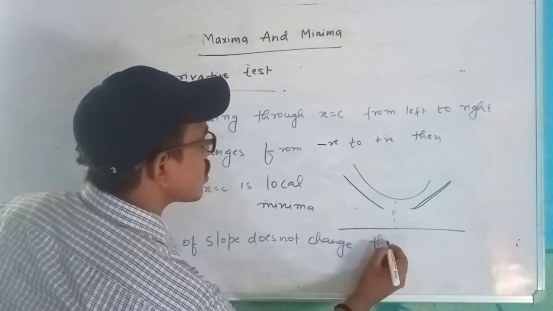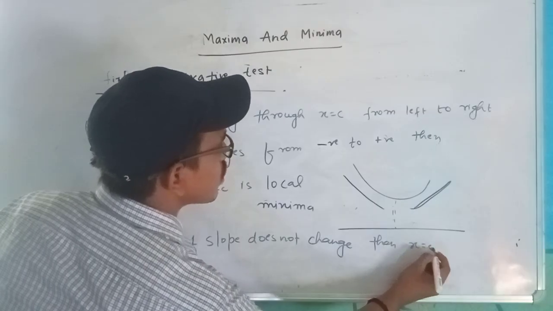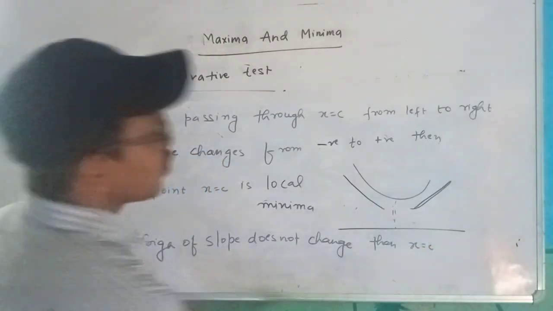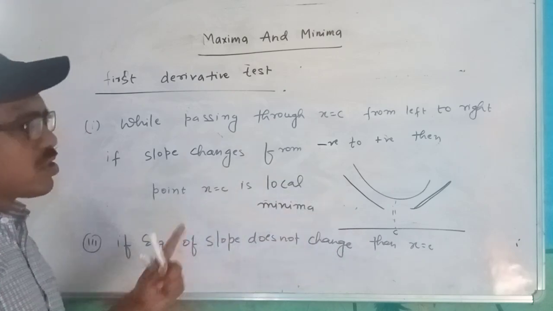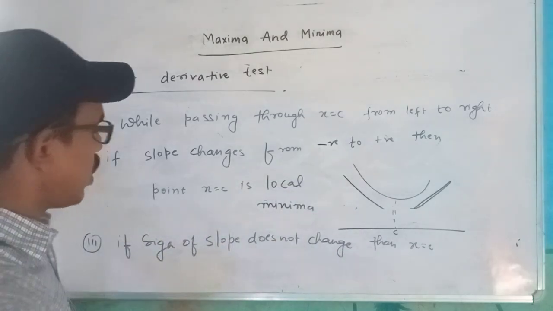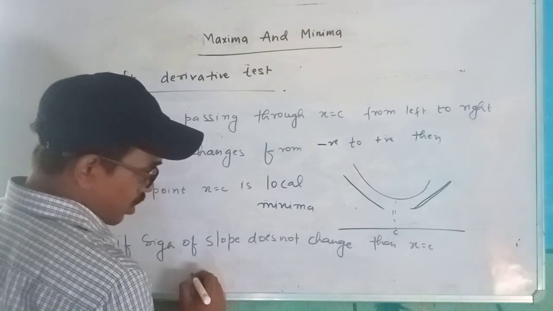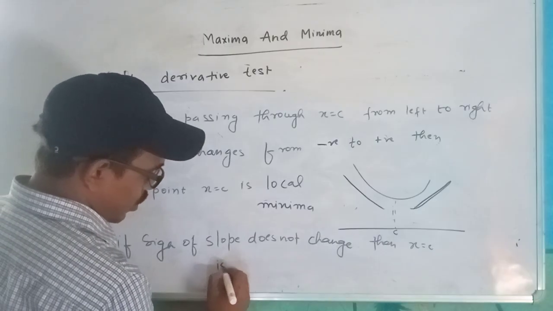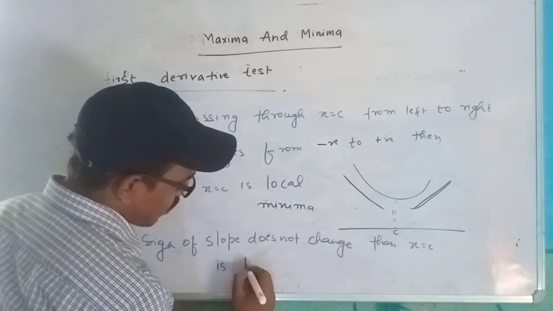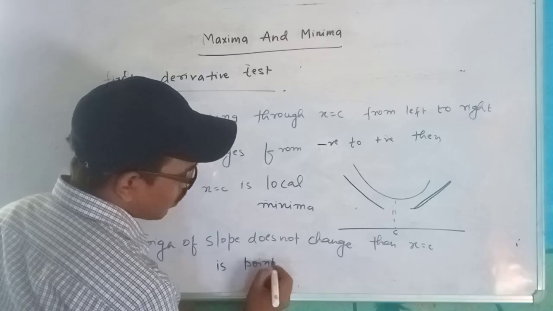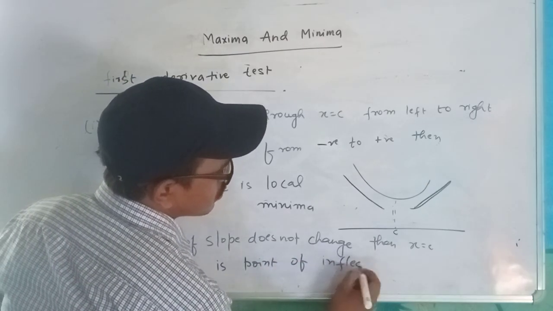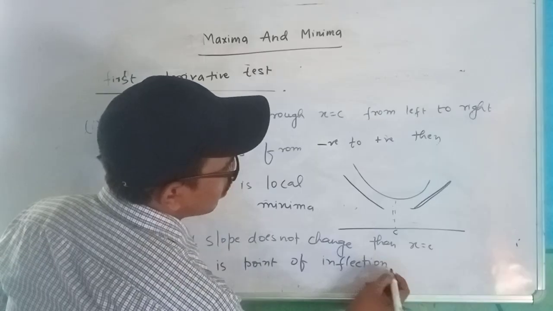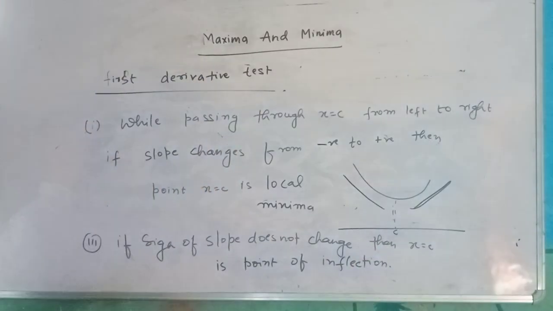Then x is equal to c: if we are passing through point c and the sign of the slope doesn't change, then in such a case the point x is equal to c is called point of inflection. We call it point of inflection. So this is the third point of the first derivative test.